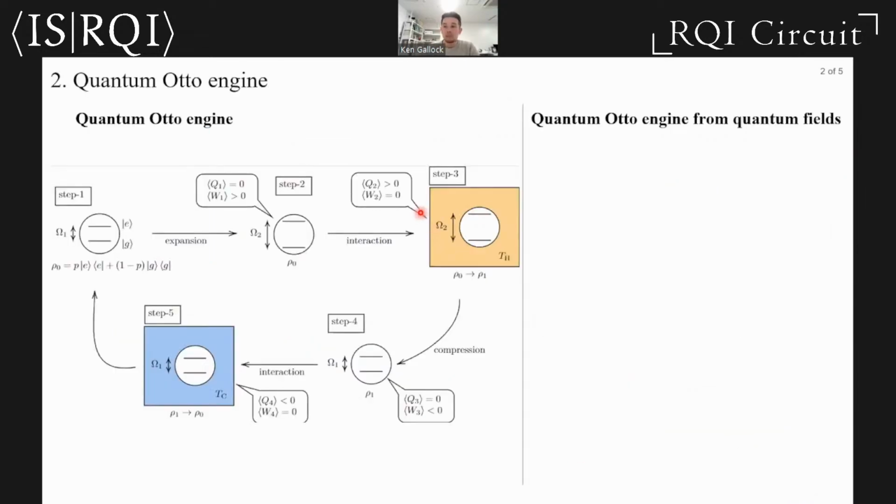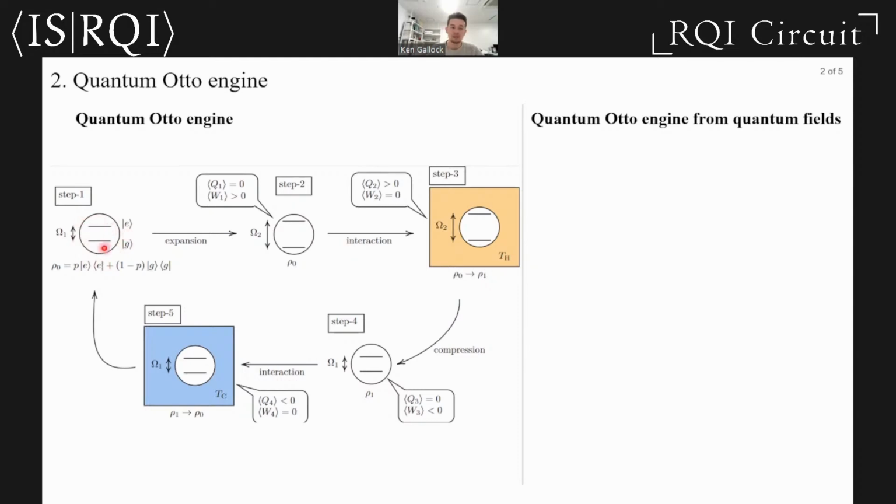Before going to detailed results, I'd like to talk about the quantum Otto engine. In the mainstream quantum Otto engine, people consider a qubit or harmonic oscillator.